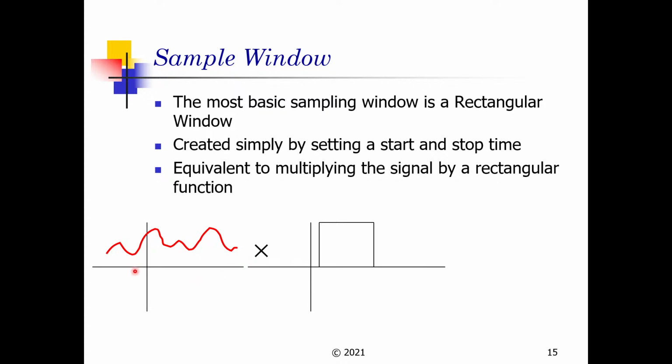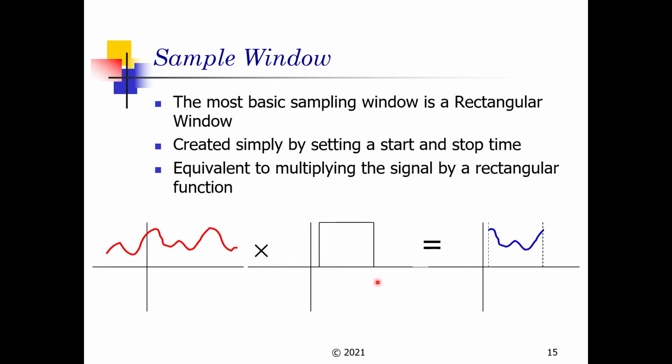So if we take any arbitrary continuous time signal and we multiply by a rectangle, and we set our start time and stop time, meaning we just want from here to here in particular from that signal, we just extract out that signal accordingly between that start and stop time by doing the multiplication of these two signals.